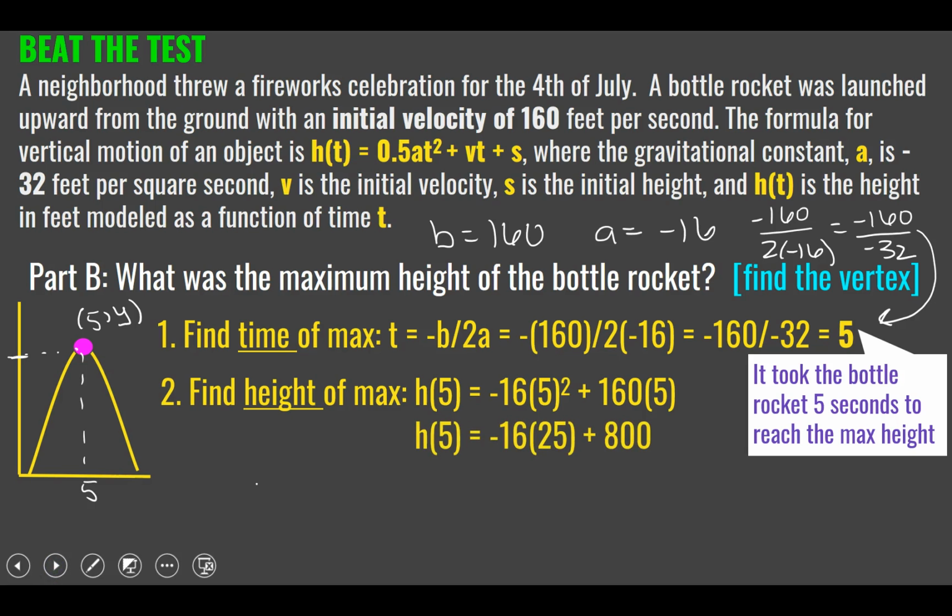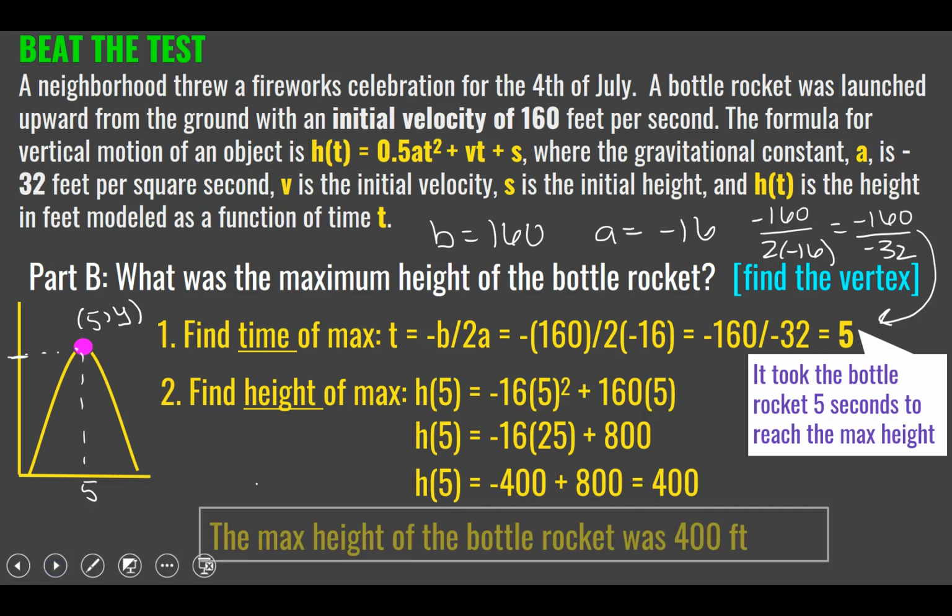So I have negative 16 times 25 plus 800. That's 160 times 5. Then negative 16 times 25, and then add those together. We get that the height is going to be 400 feet. So I have now found our y value, which is 400.